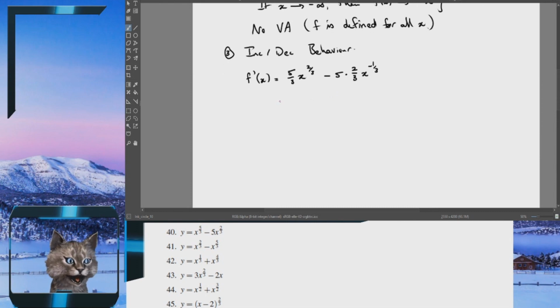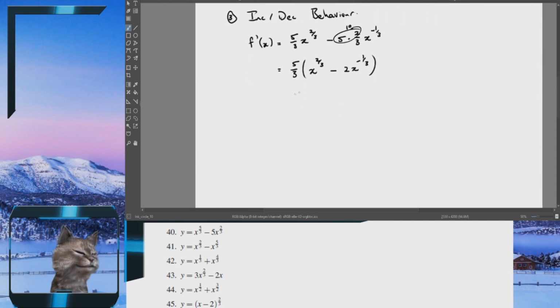Now, I have to clean this up. So, these two together become 10. I can take out a 5 over 3. And let's just do that first. I'm left with x to the 2/3 minus 2x to the negative 1/3.